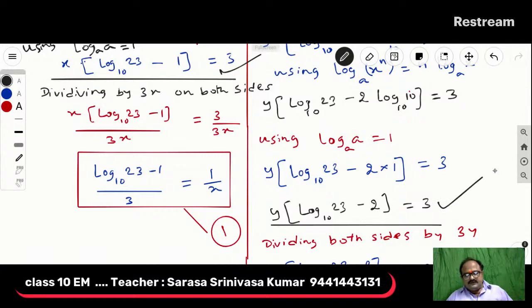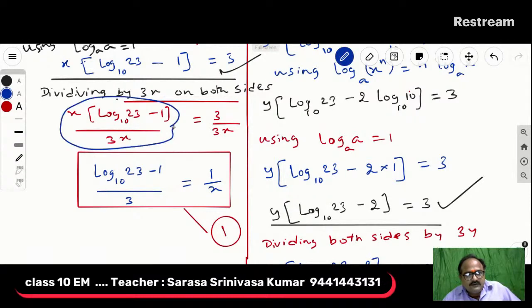After this step, dividing by 3x on both sides, we get this result: log 23 base 10 minus 1 by 3 equal to 1 by x. After this step, x multiplied by log 23 base 10 minus 1 equal to 3, dividing on both sides by 3x.